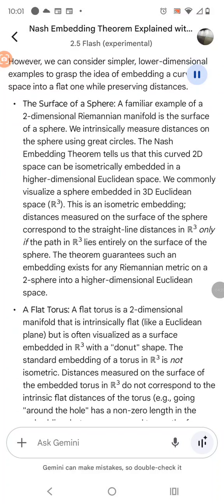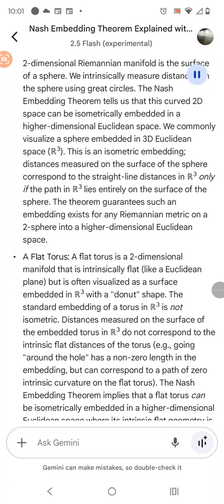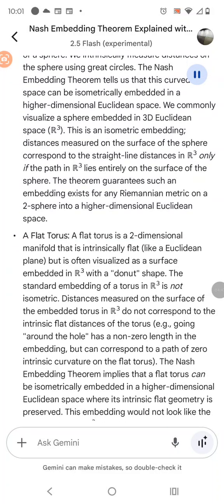A flat torus. A flat torus is a two-dimensional manifold that is intrinsically flat, like a Euclidean plane, but is often visualized as a surface embedded in $\mathbb{R}^3$ with a donut shape. The standard embedding of a torus in $\mathbb{R}^3$ is not isometric.